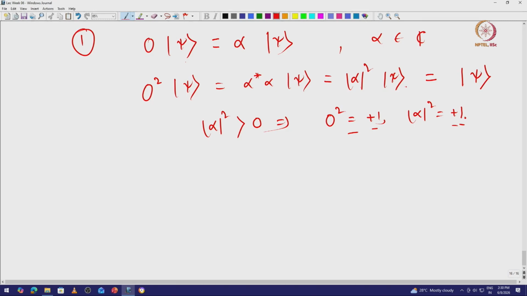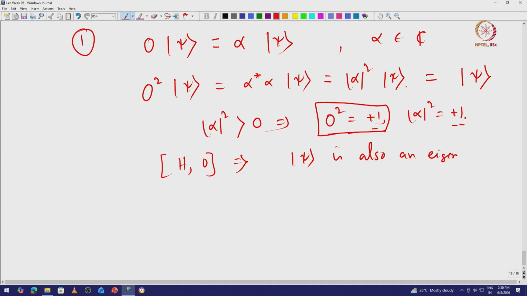So, for this case, when O square equal to plus 1, H commuting with the symmetry operator already gives us the fact that psi is also an eigenstate of the operator. They are just the same state, moved a little bit by a constant factor.